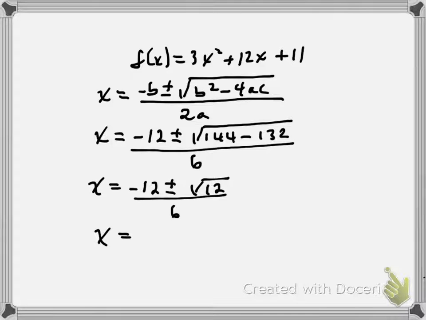So x is going to equal negative 2 plus or minus. Now I can simplify the square root. Actually, I have to simplify the square root of 12 first. That equals the square root of 4 times the square root of 3, and so that's going to leave me with 2 square root of 3.